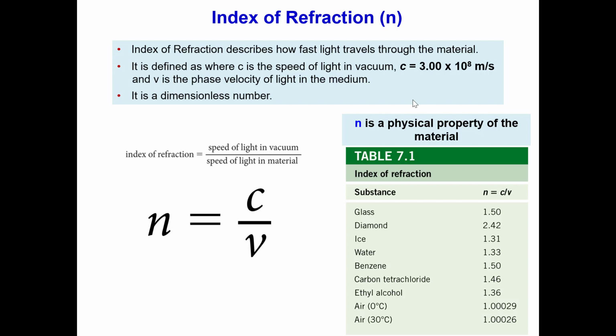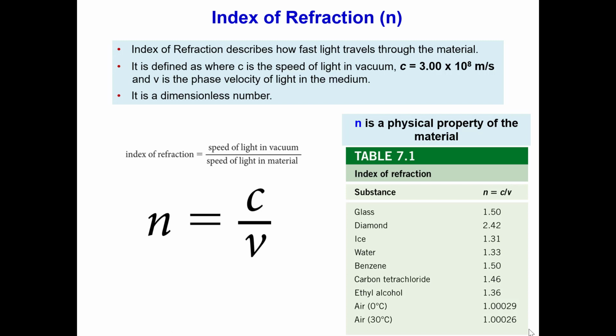It's almost equal to the speed of the light in vacuum. This is why in most problems, when the light is traveling in air, we can take the speed of the light as 3.0 × 10^8 meters per second.